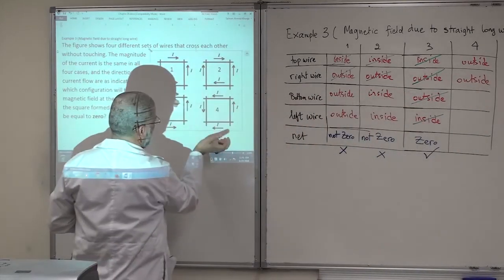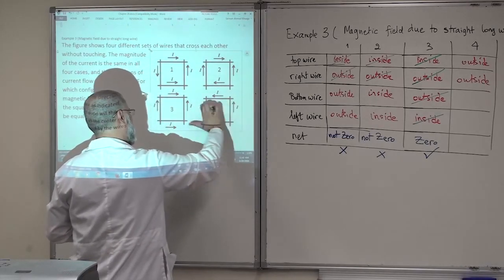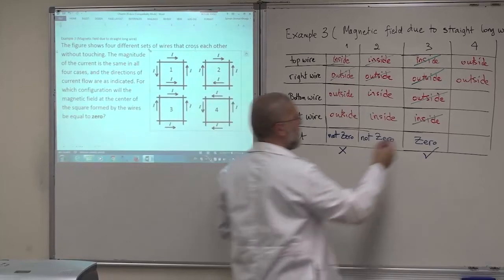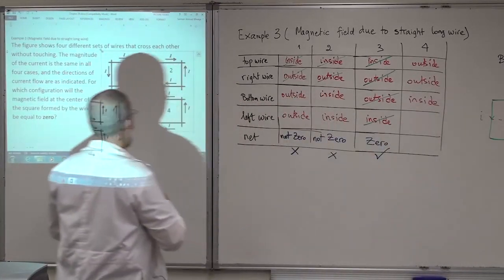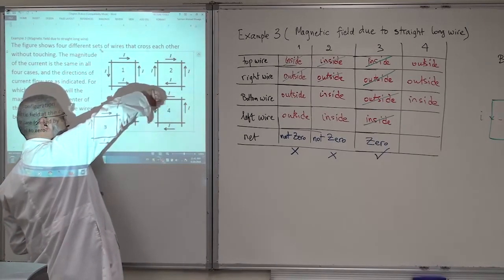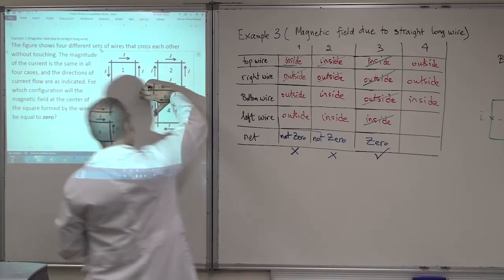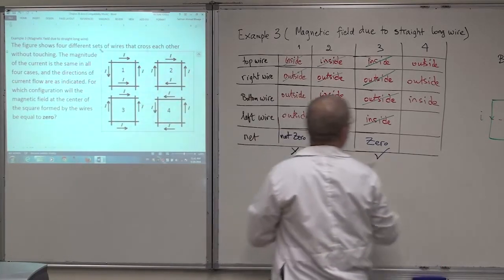The bottom wire is inside. You can see the current is in this direction, so it's inside. And the left wire is outside. You can see the current is down. The magnetic field from this side will be in, and from this side in the center will be out. So outside.